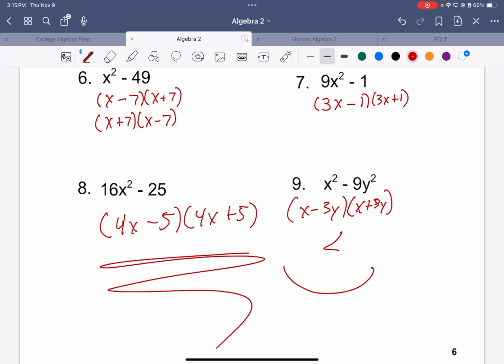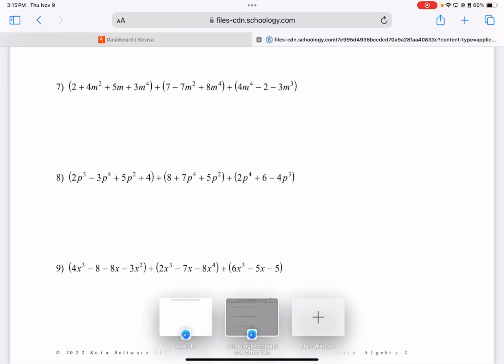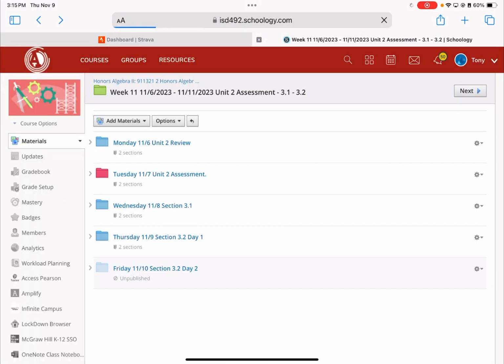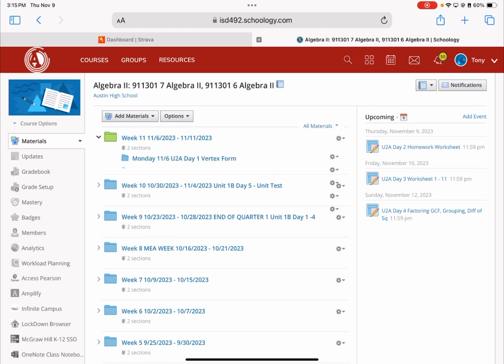All right, your assignment is inside of Schoology. I don't know if I've got Schoology even open. I do. You can add polynomials. College algebra, algebra 2. And I even had it in there today.